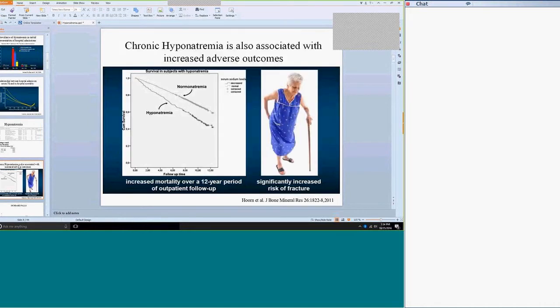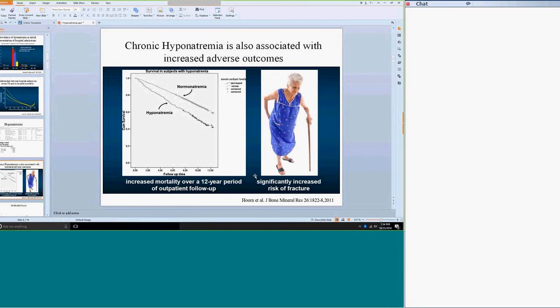Not only do people with hyponatremia die within the hospital, but if you follow them up over a period of 12 months, the survival graphs diverge very quickly. In the first couple of months, the difference is large. Hyponatremia is a marker of increased mortality.